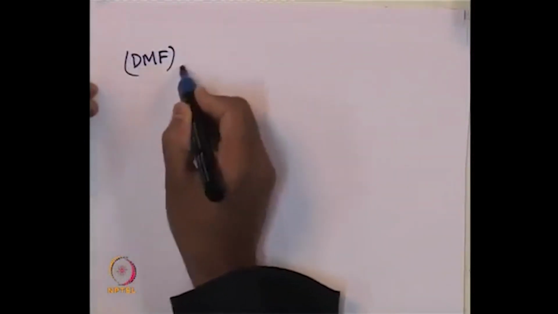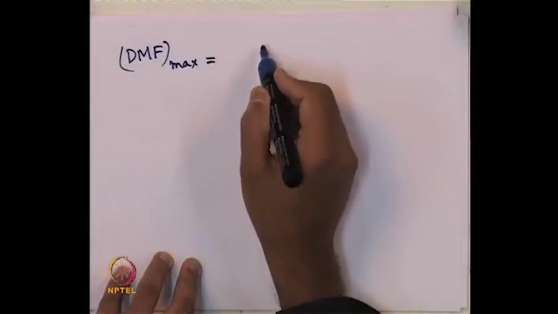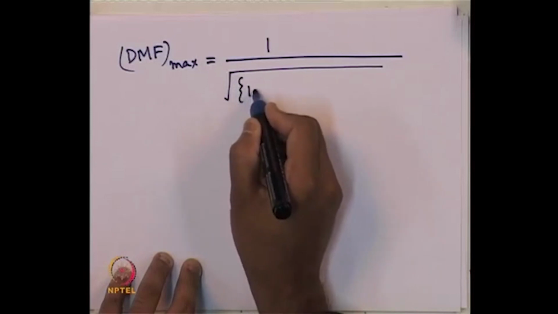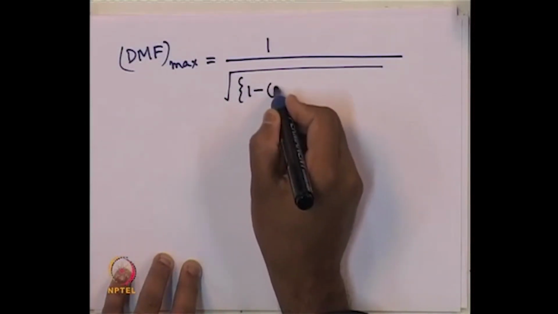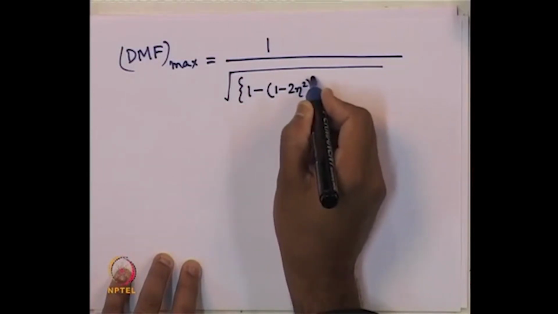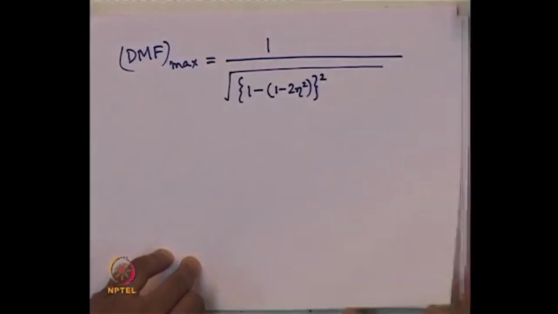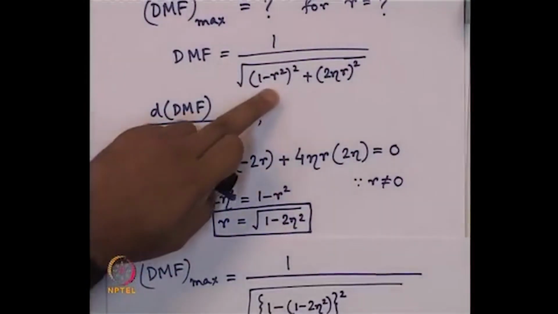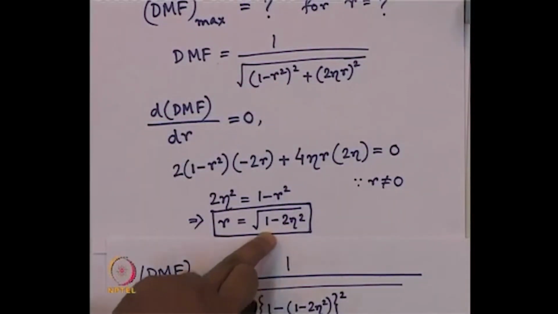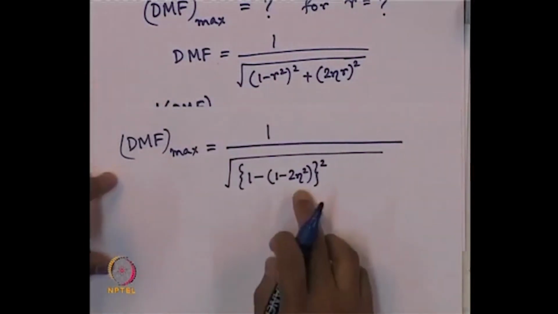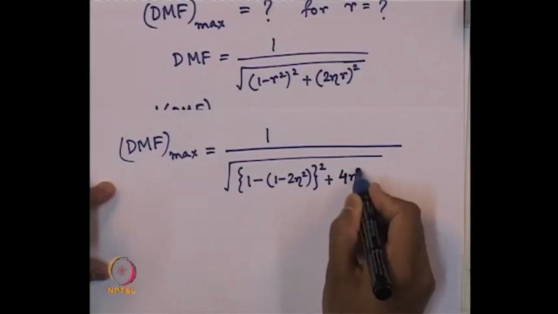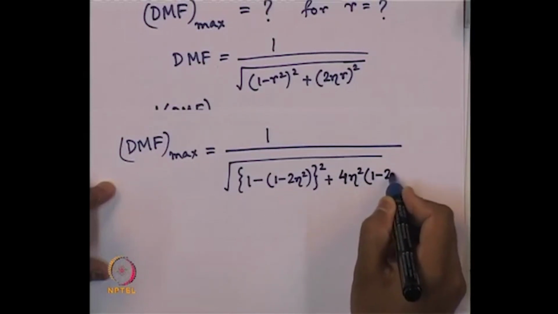So, DMF max equals, putting this value of r in that expression, 1 by root over (1 minus r square) whole square, where r square is 1 minus 2 eta square, plus 4 eta square r square, where r square is again 1 minus 2 eta square.